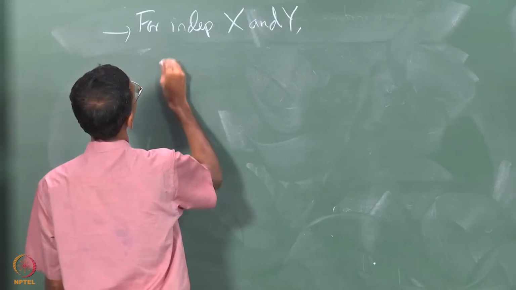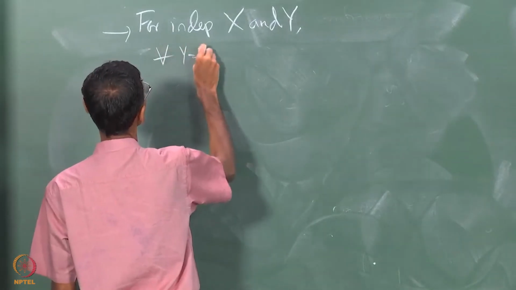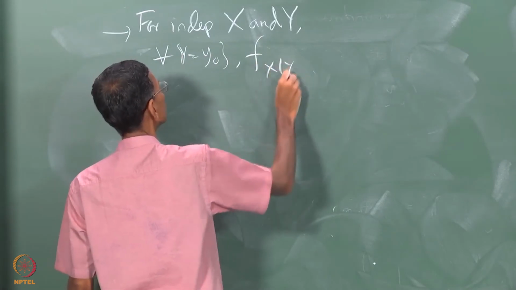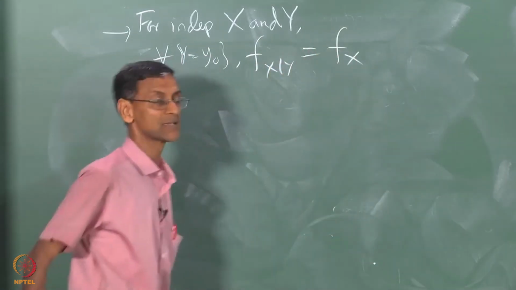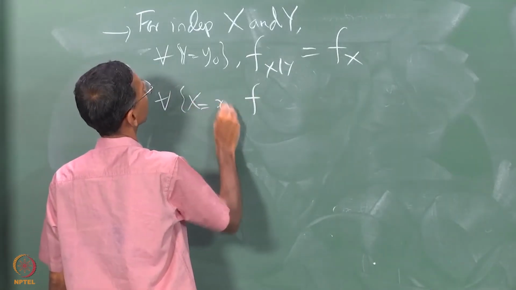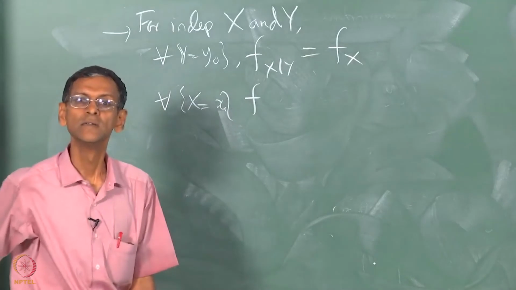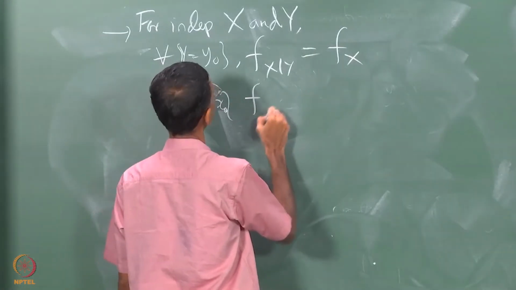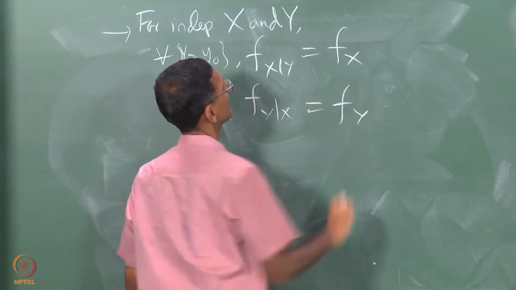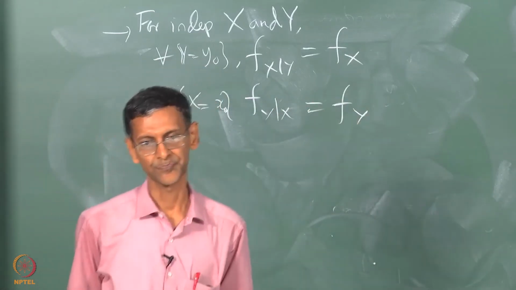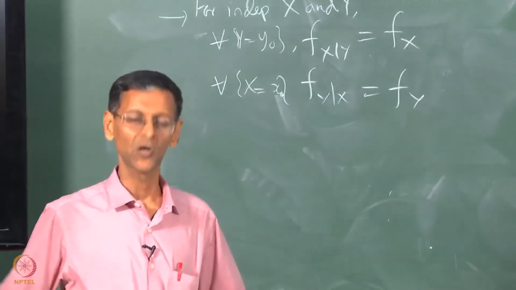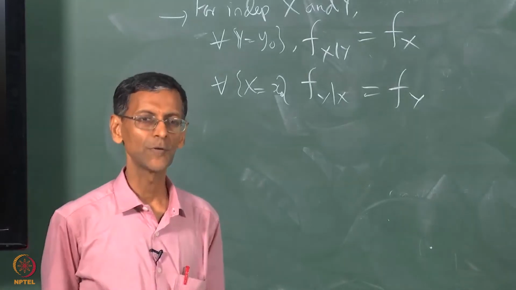So, for all y equal to y naught, f of x given y is just f x, and for all x equal to x naught, f of y given x will be f y. There is no question of any new omega x and new omega y, it will be all the same old whatever you started with.